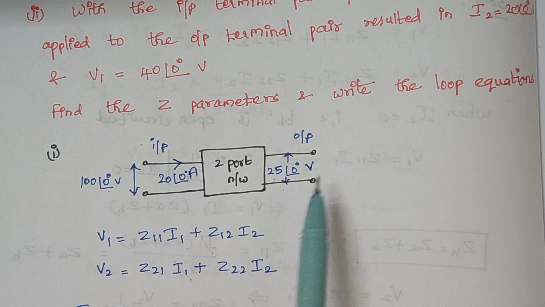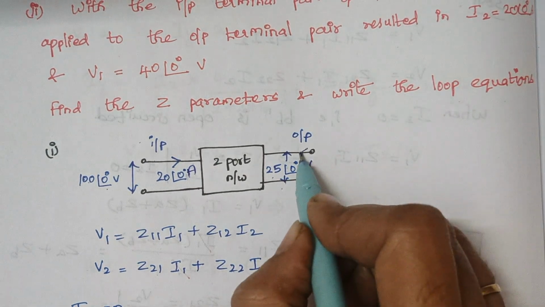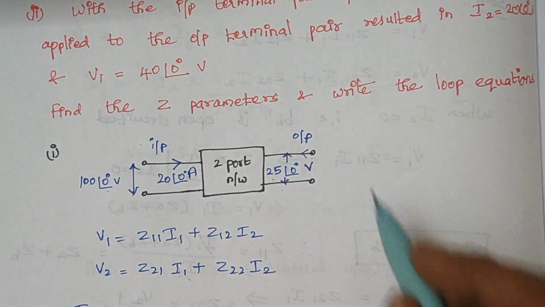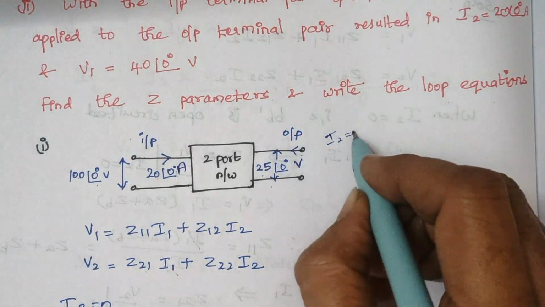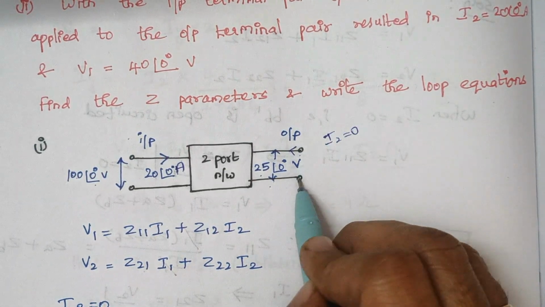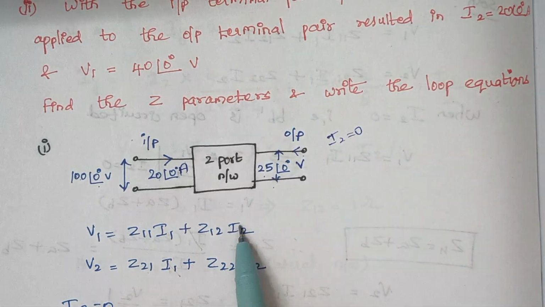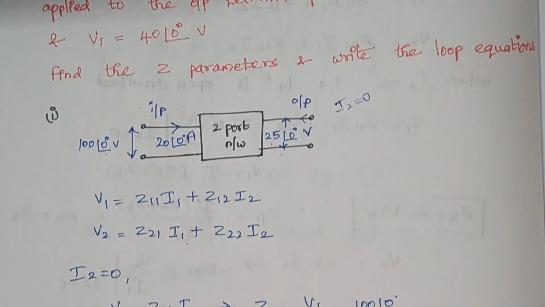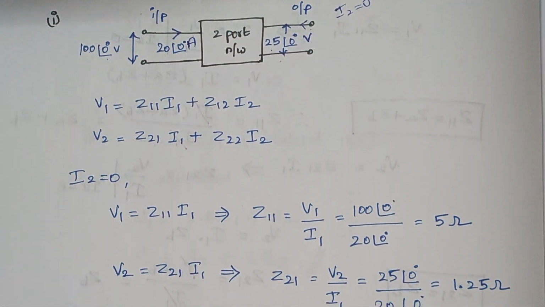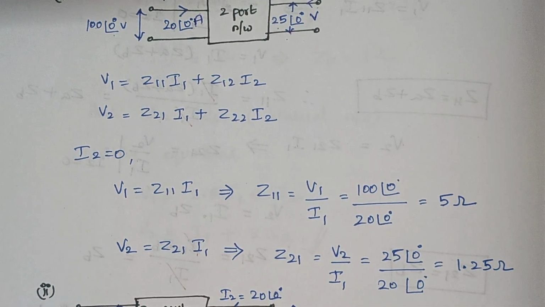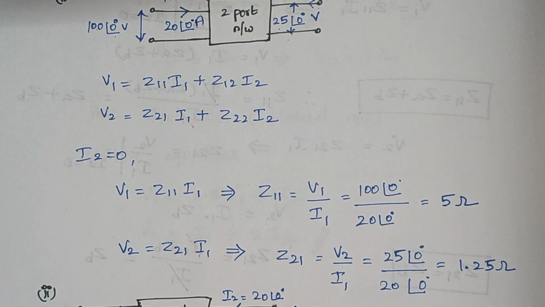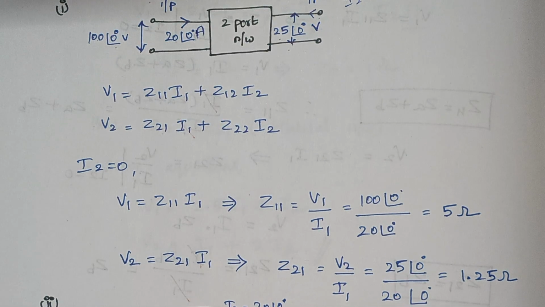So obviously, the value of current I2 is 0 because this side is open circuited. So when you make I2 0, the expressions will be V1 is equal to Z11 I1 and V2 is equal to Z21 I1.